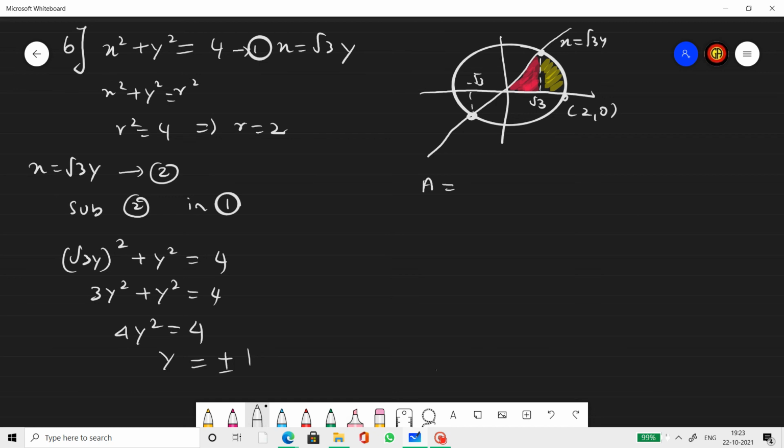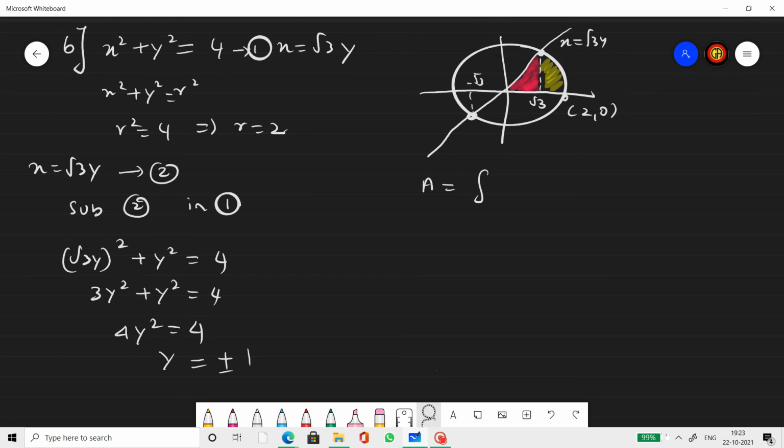Area equals integration of the circle or the arc with limit 2 to root 3, and then integrating the line with limit root 3 to 0.